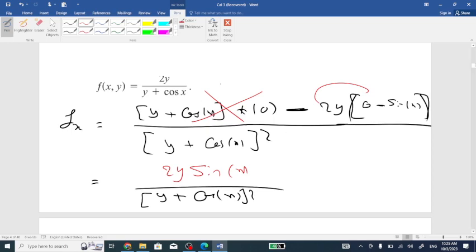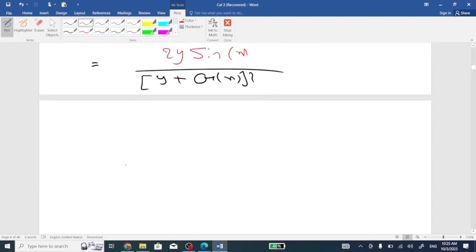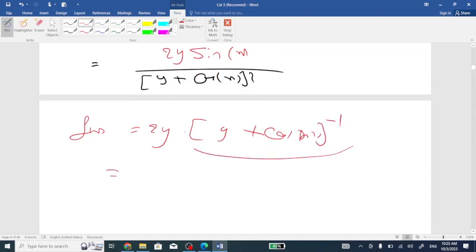Now your way, your method, the same. What do you mean by the same? You have 2y times (y plus cosine of x) to the power minus 1, right? So when you find the derivative, you say this is like a number, so I don't care.